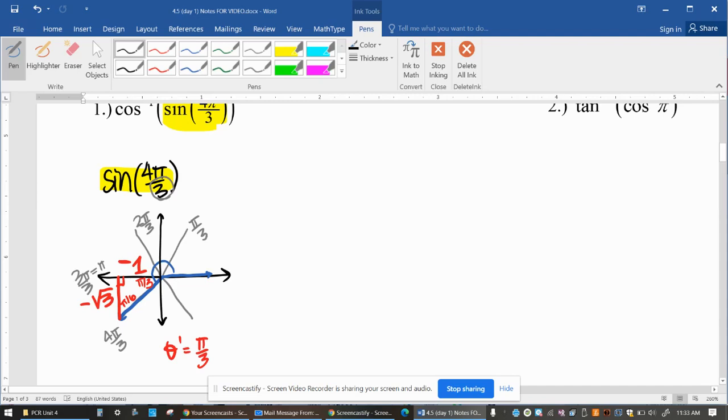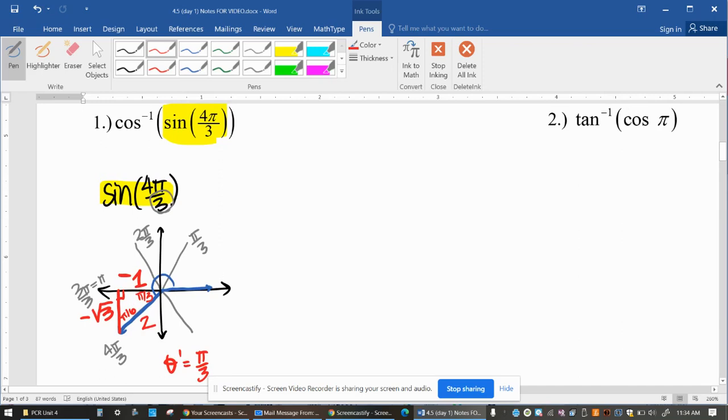And then the hypotenuse would be 2. Okay, so the sine of 4 pi over 3 would be, using your reference angle of pi over 3, opposite over hypotenuse. So that's negative root 3 over 2.